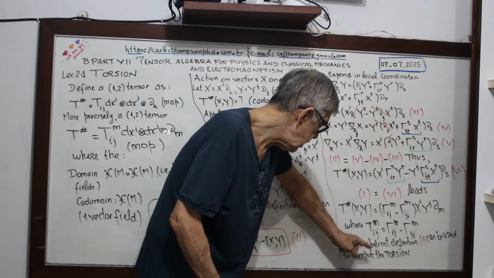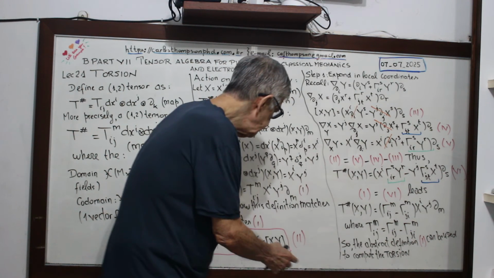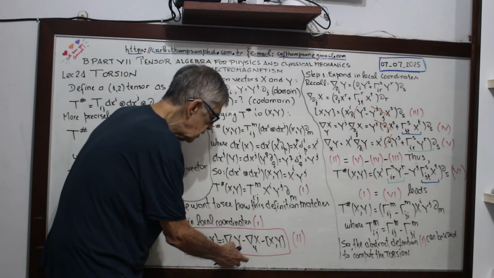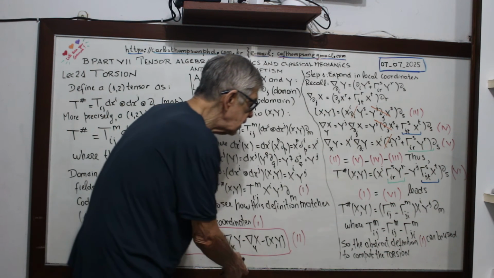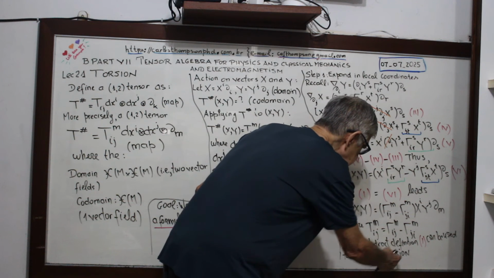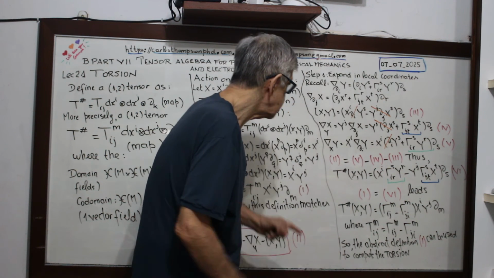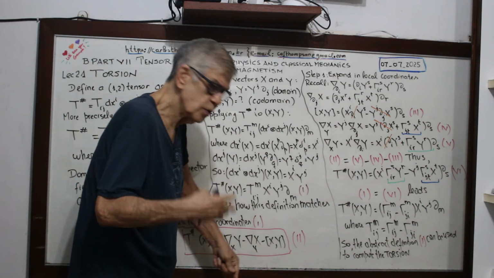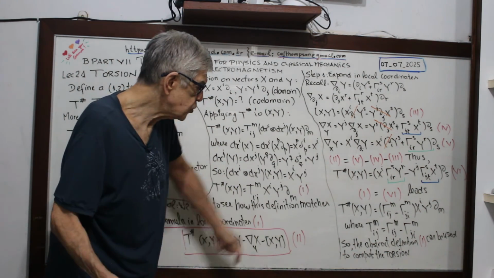So the abstract definition 1, which in general in the literature you see, can be used to compare the torsion, because this is a definition of the torsion. This, I would say, by inspection.